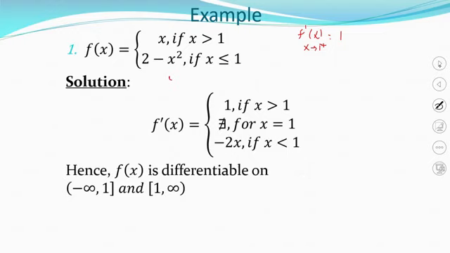From the right side of 1, its derivative is this one. Therefore, it's differentiable from the right side of 1. So I can close this one. So the differentiability interval of this function is from negative infinity up to 1 closed, and from 1 up to infinity, but it is not differentiable at 1.